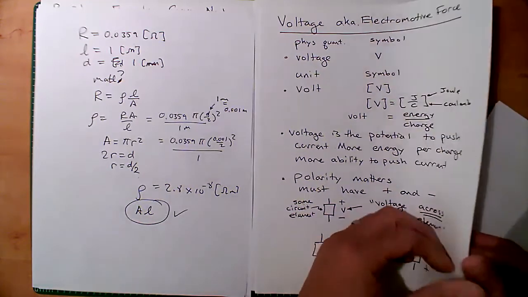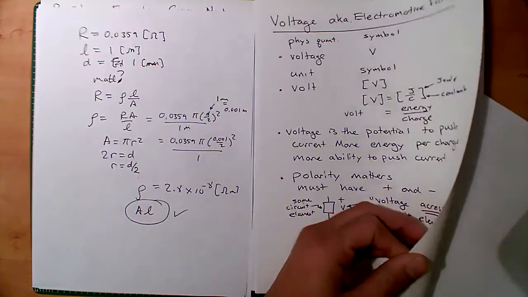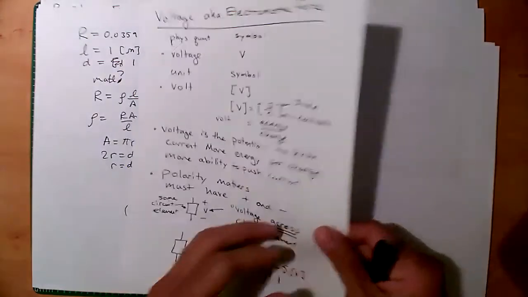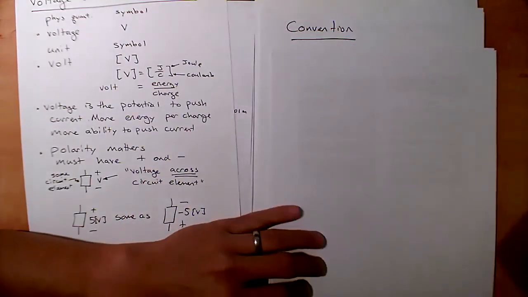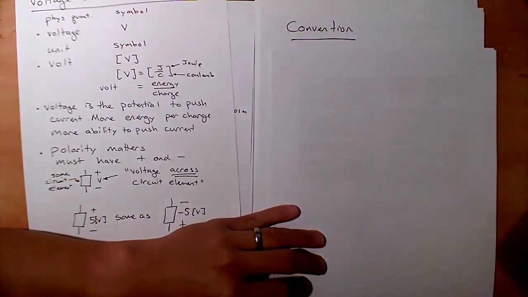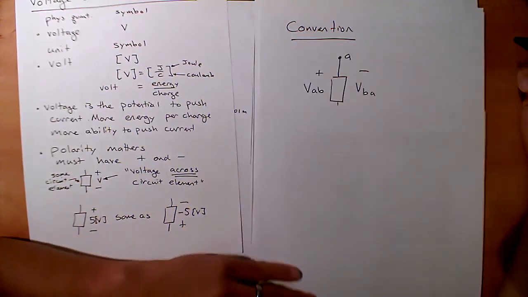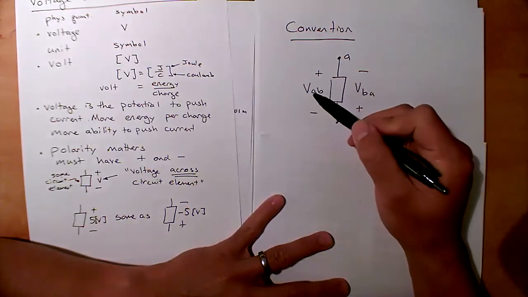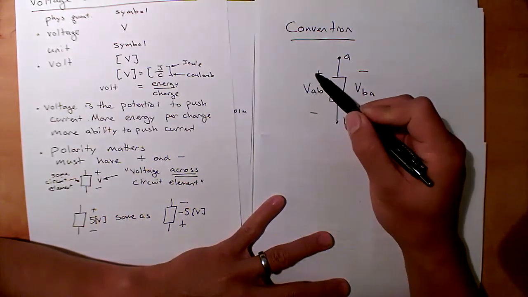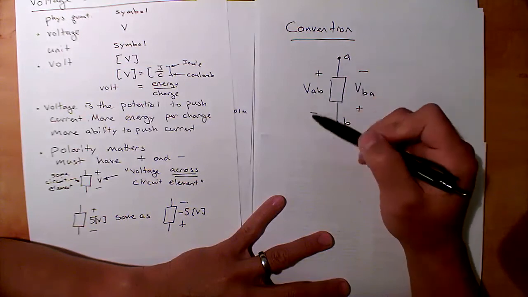Okay, let's keep crunching forward. So just like the current, we had a subscript notation. If you have two nodes in the circuit element, VAB, the first letter corresponds to the positive node, and negative here.